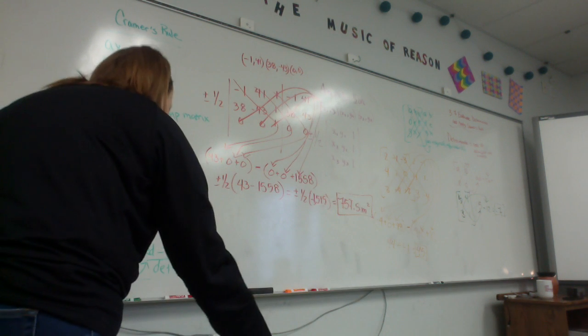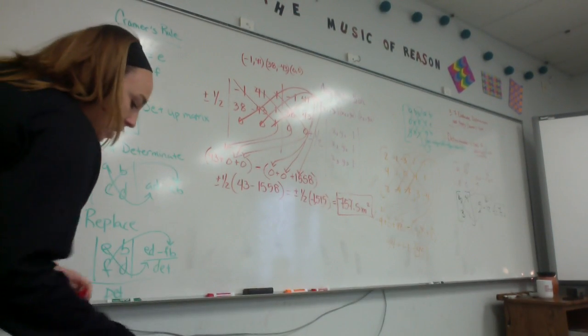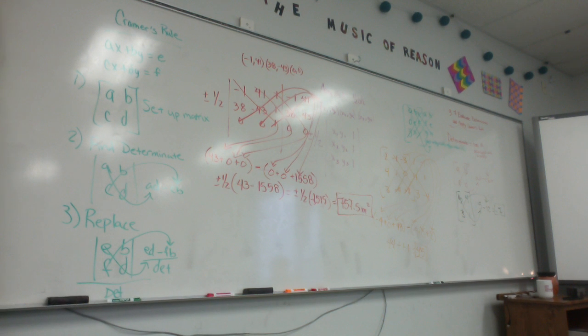So here's what that looks like number-wise. Let's do it like this. Okay, so let's say I have 9x plus 4y equals negative 6.